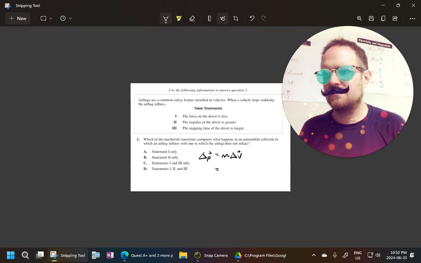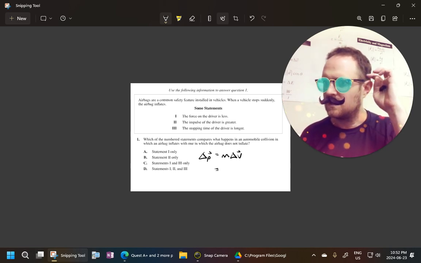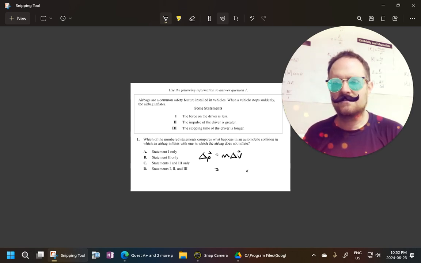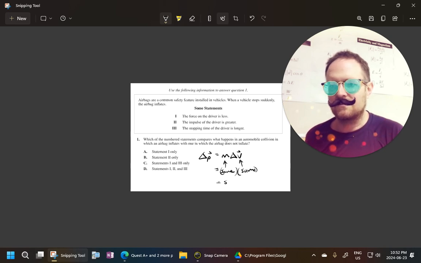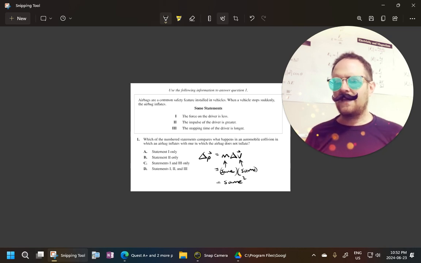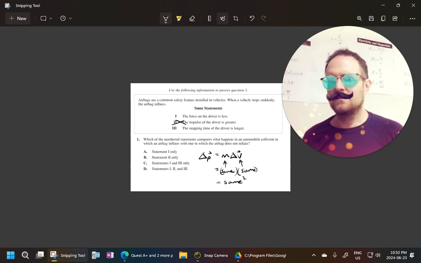So my change of velocity is the same. My mass of the car is the same. So my impulse is going to be the same. I times them together, I'm going to get the same, right? So it can't be my impulse being greater.